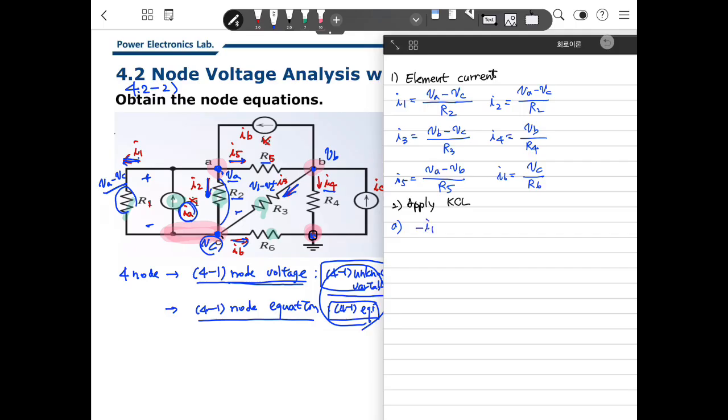And IA is going into the node, so plus IA. I2 is going out from the node, so minus I2. And I5 is going out from the node, so minus I5. IB is going into the node, so plus IB equals 0. It's the same result.